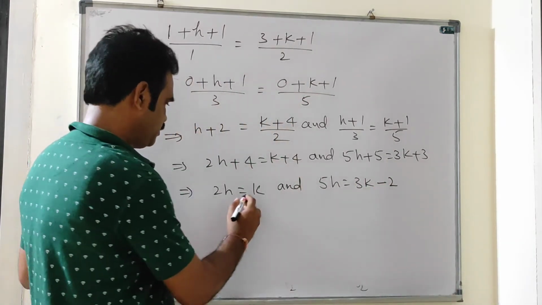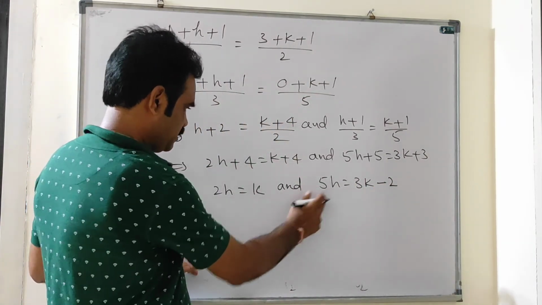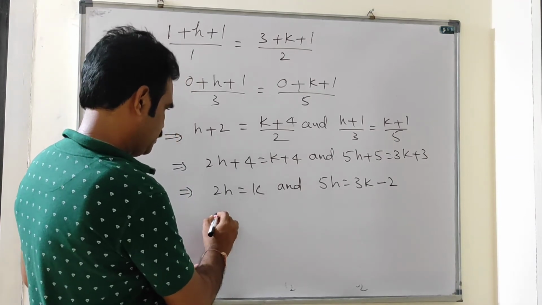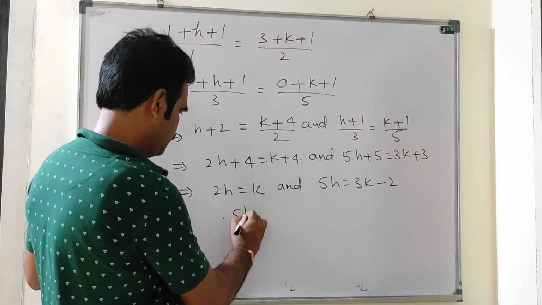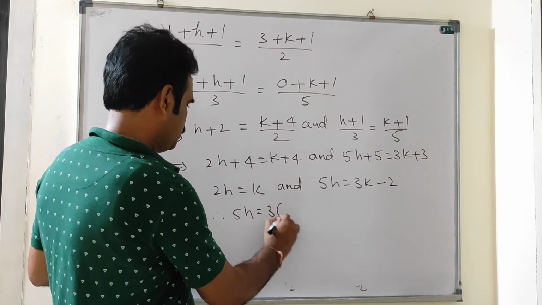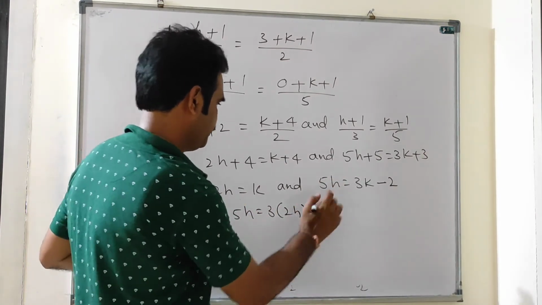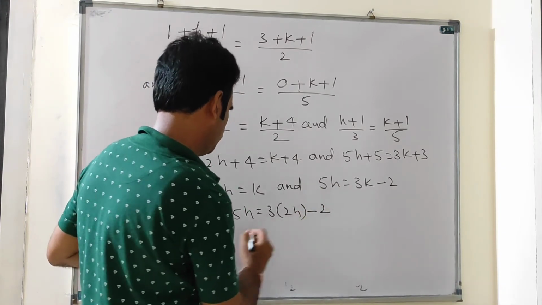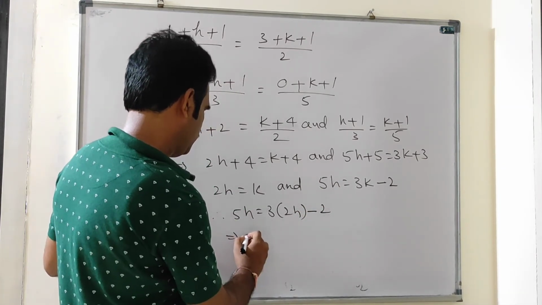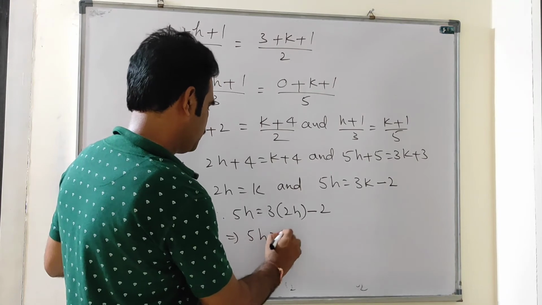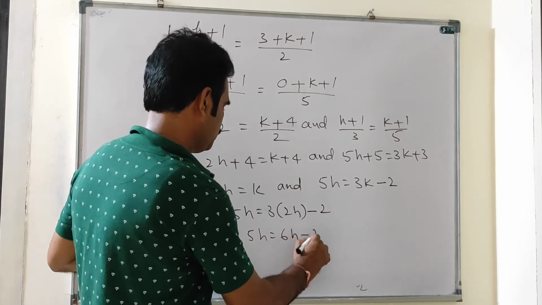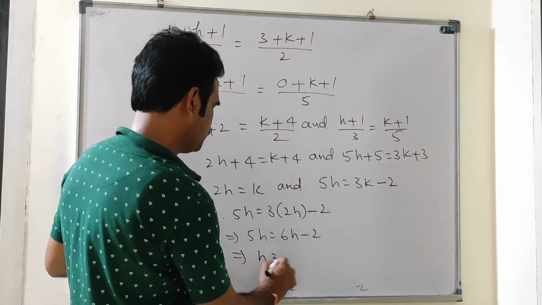From this, solving these two for h and k, therefore 5h = 3 into 2h, substituting the value of k, minus 2. That implies 5h = 6h - 2, which implies h = 2.